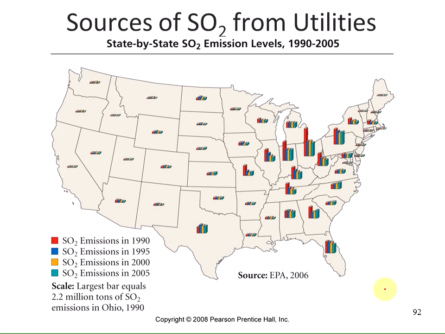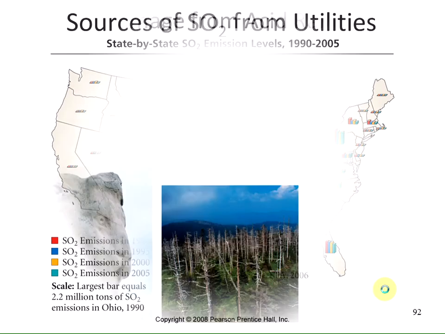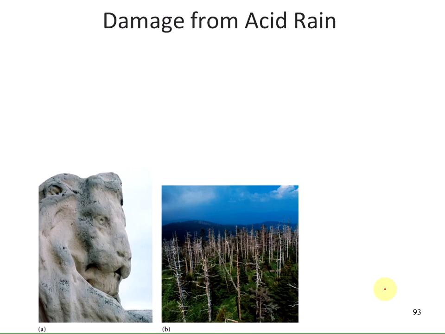You can see in the East Coast there are higher levels of sulfur dioxide emissions. And these figures here just show you some of the damage associated with acid rain. So you see the erosion, and the features on this statue are not as nice and well defined as they originally were, but also you can see some of the death of some of the vegetation in areas where there's a high concentration of acid rain.